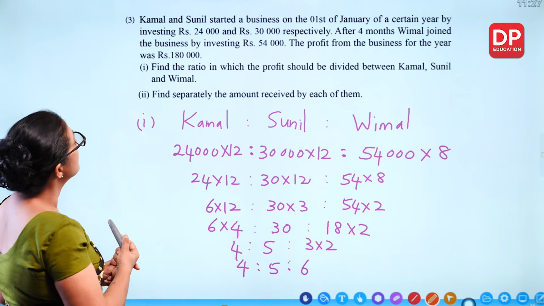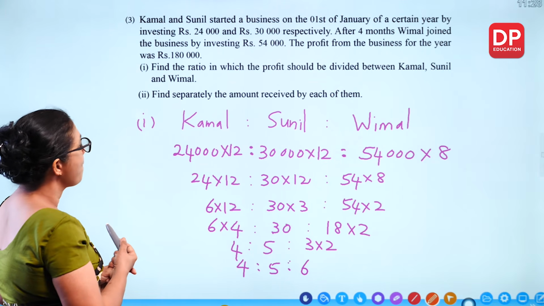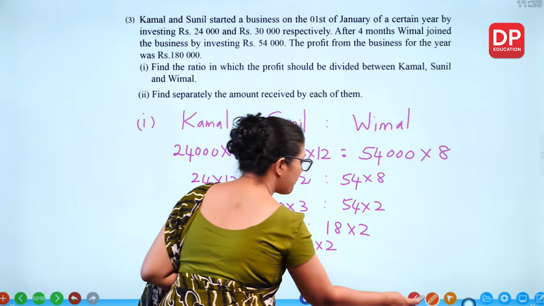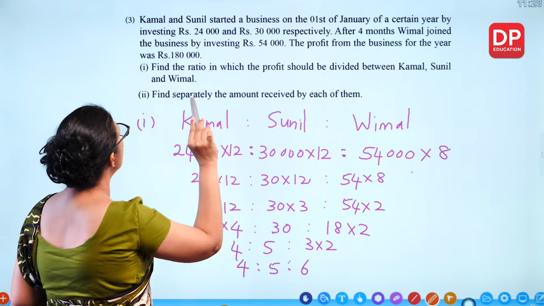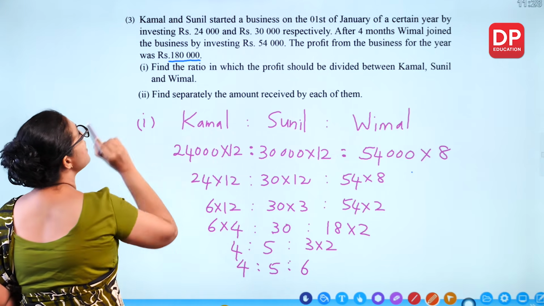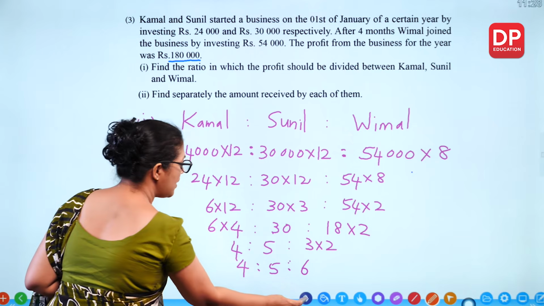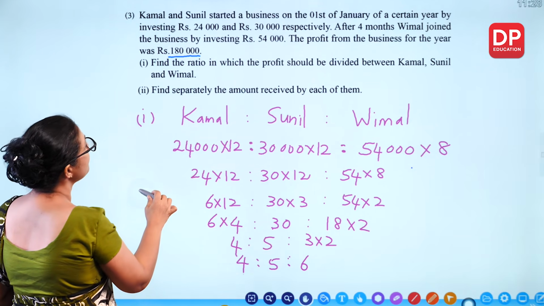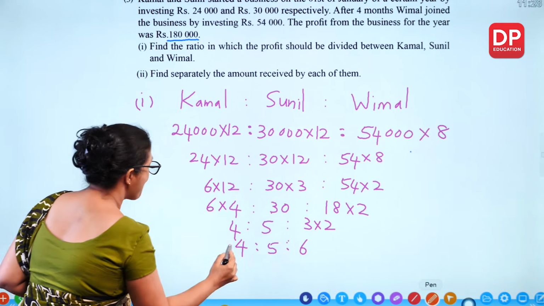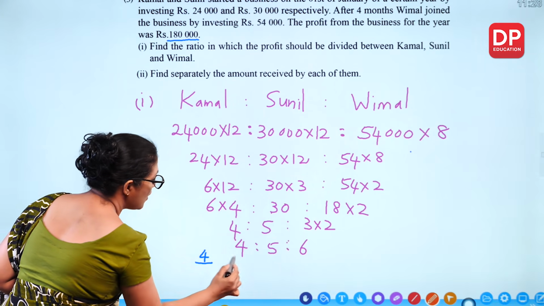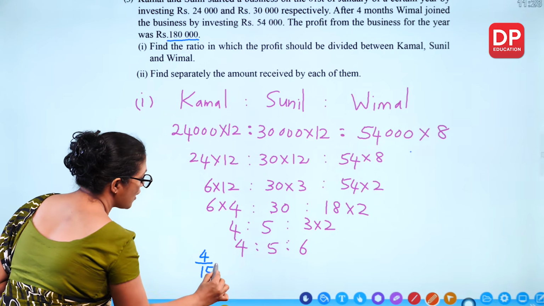And what's the amount received by each of them? So you need to find out, the total profit was 180,000 rupees. So as a fraction, you can do it here. 4 over, what's the total number of parts? 15 as a fraction.